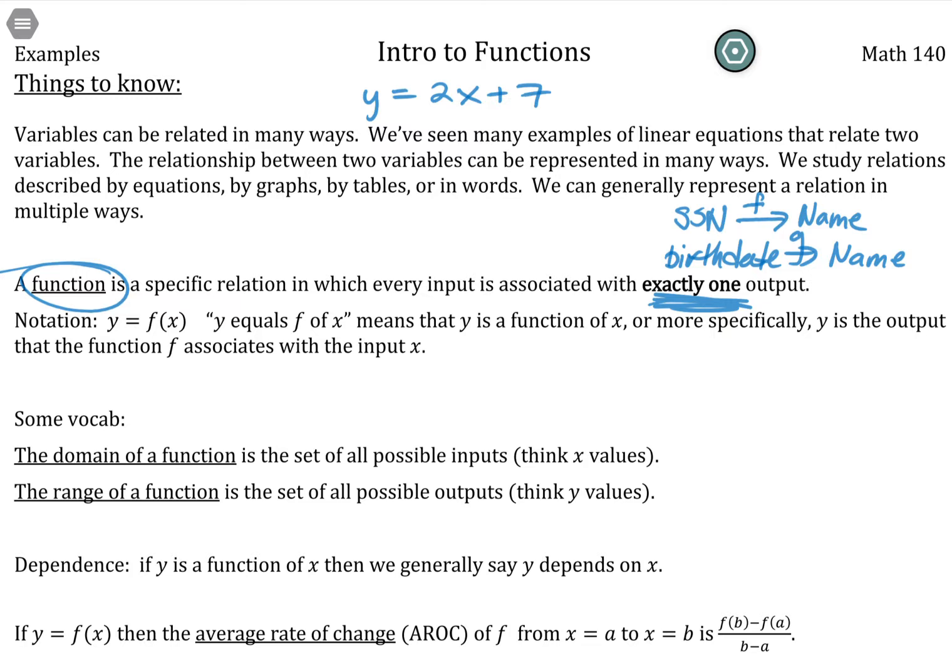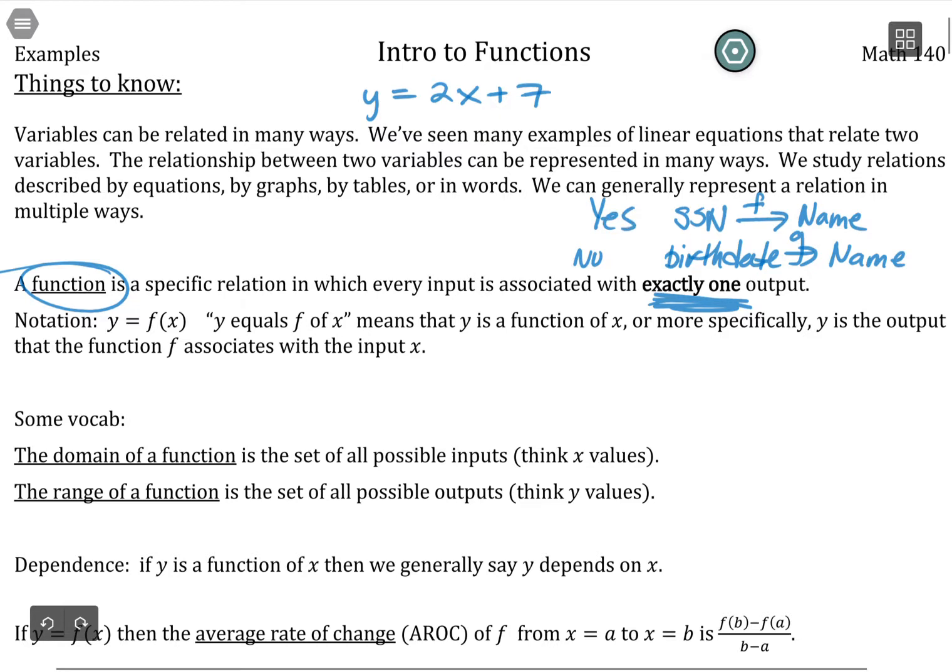So this one is definitely not a function. If I put in the day March 3rd, and I could even give it a year, March 3rd, 1995, I'm not going to get a single name. There were gobs of people with that birth date, so I'm going to get more than one output. So this is not a function, and this is a function.